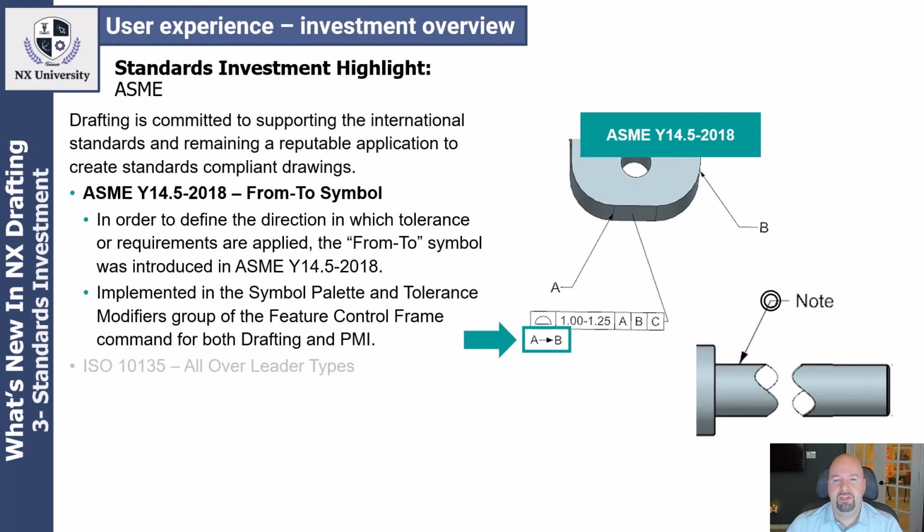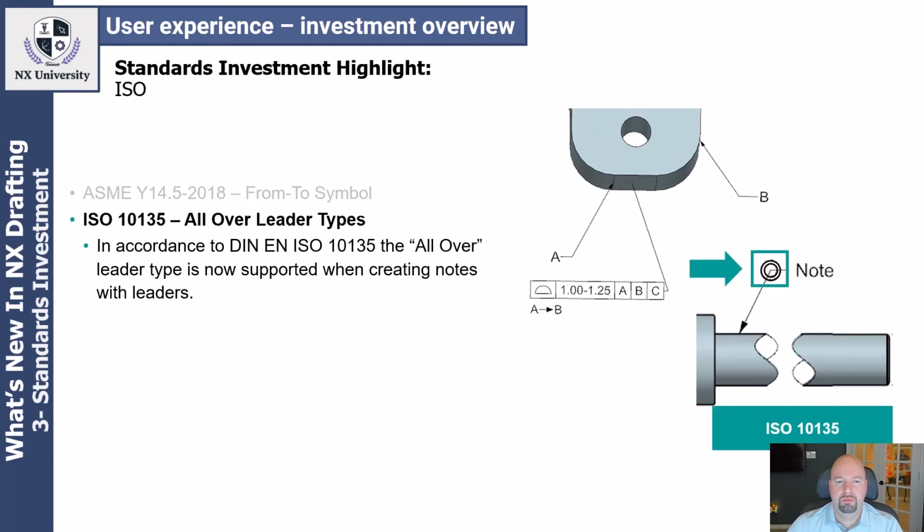This has been implemented in the system palette and tolerance modifiers group of the feature control frame command for both drafting and PMI applications. We also have the ISO 10135 all over leader types. In accordance with DIN EN ISO 10135, the all over leader type is now supported when creating notes with those leaders.